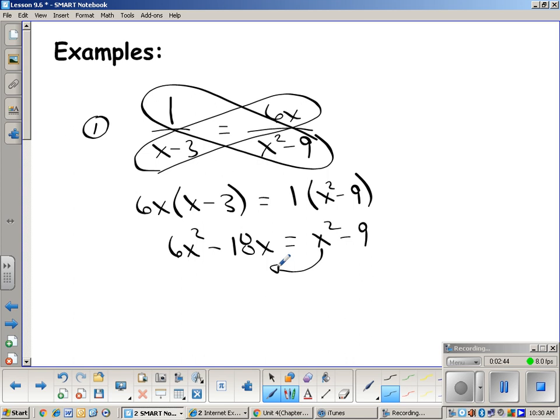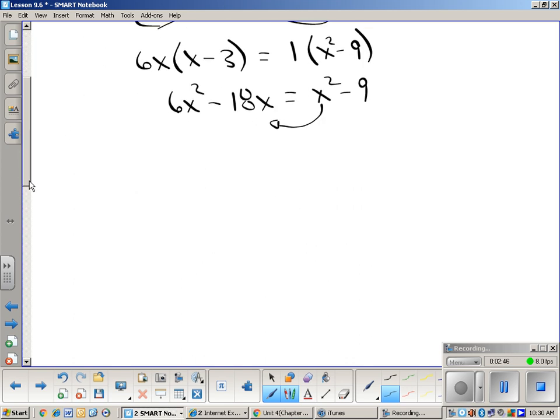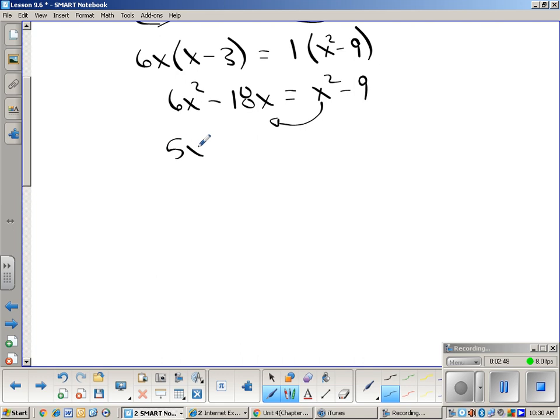So 6x squared minus x squared is 5x squared. And there's no x's over there, so minus 18x. And then the minus 9, I move that over, and that becomes plus 9 equal to 0, right? So in other words, we solve it by setting it equal to 0.